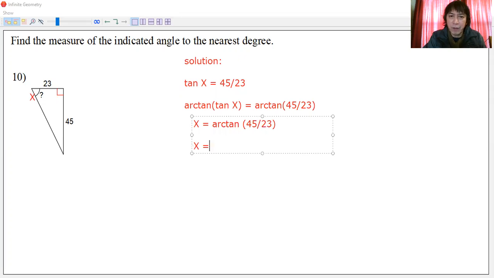The numerical value will be inverse tangent of 45 to 23, and we have something like 62.92791976. This will be in degrees. The rounded value is 63 degrees.